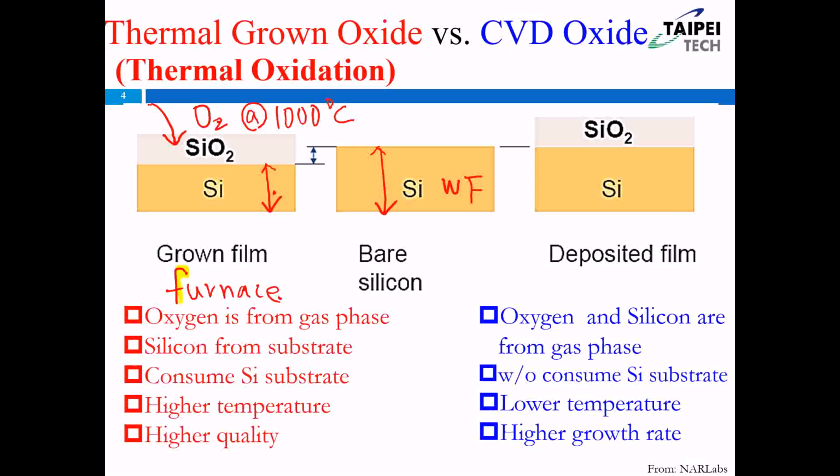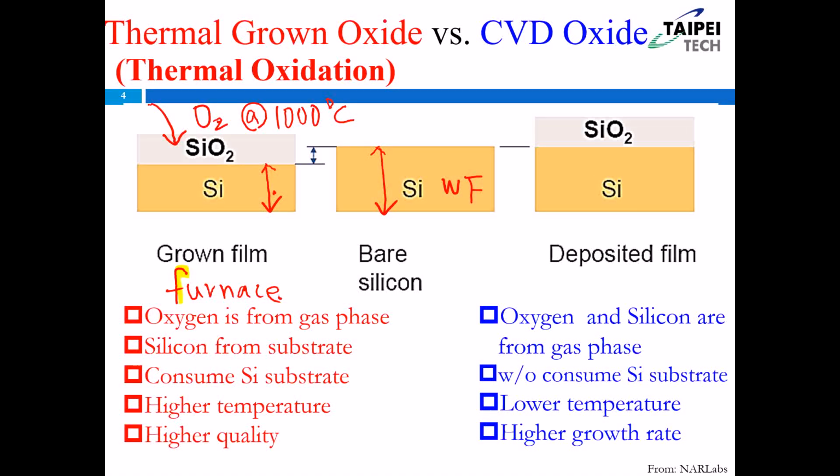Why? Because the oxygen reacts with silicon to grow silicon dioxide. Okay, so far so good. You can see the picture. If you can understand the picture, you don't need to go through the detail.